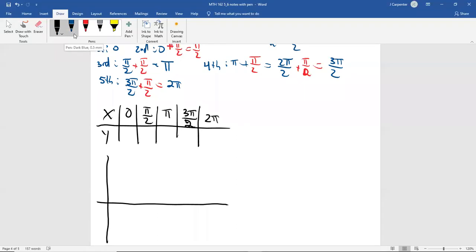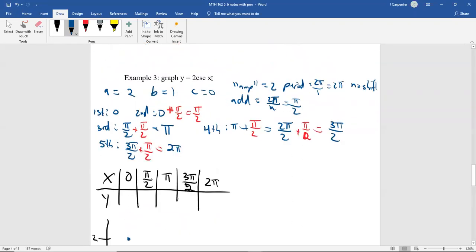With these x values of 0, pi over 2, pi, 3 pi over 2, and 2 pi, we know the sine graph was going to have 0, 1, 0, 1, 0 as its points. Those are the ones you better know inside and out.